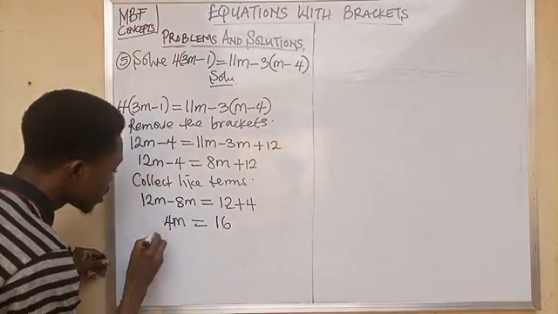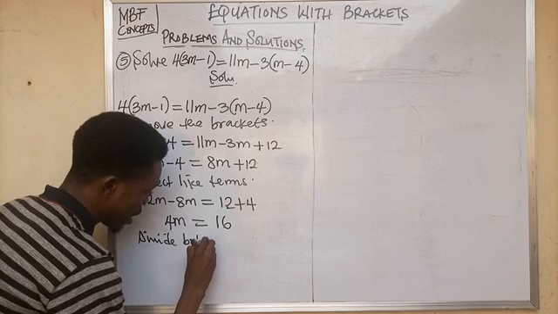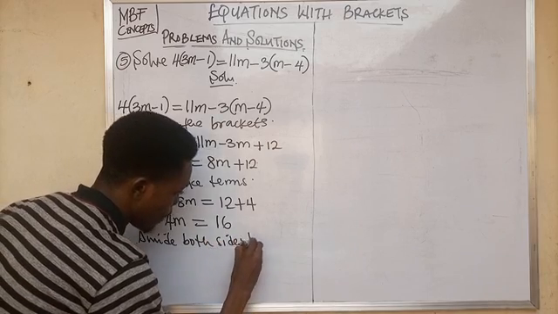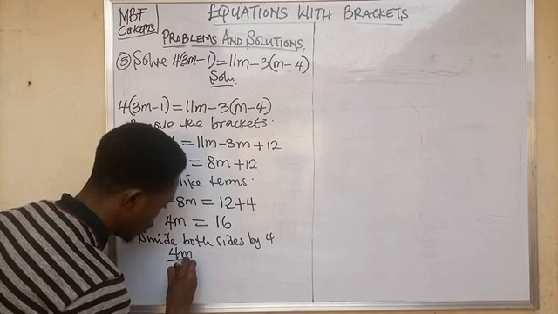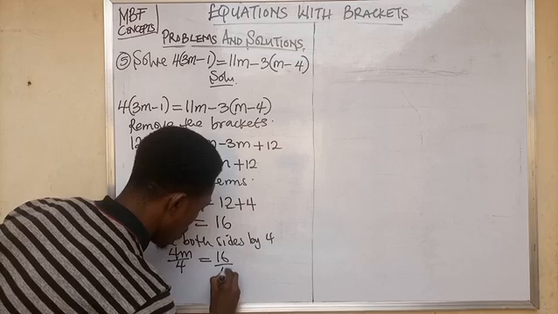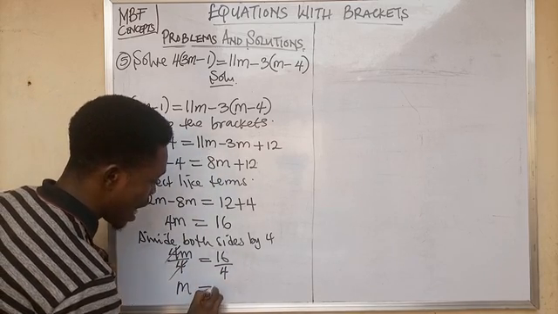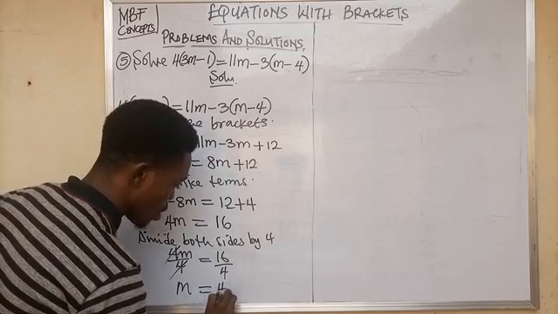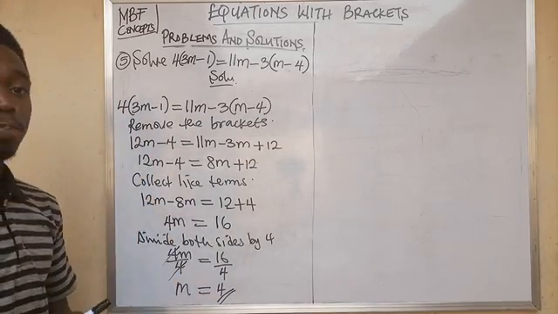So we divide both sides by 4, and we are going to have 4m over 4 is equal to 16 over 4. And guys, 4 divided by 4, we are going to have 1m, and 16 divided by 4, we are going to have 4. This is the very answer to this particular question.